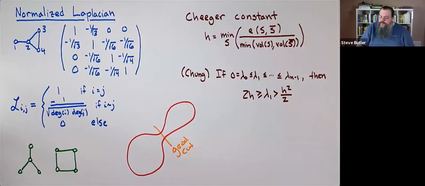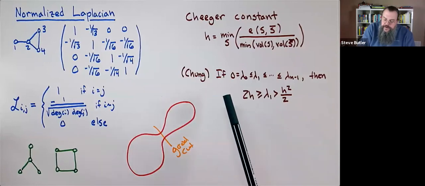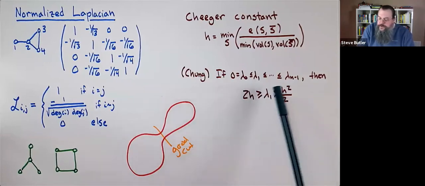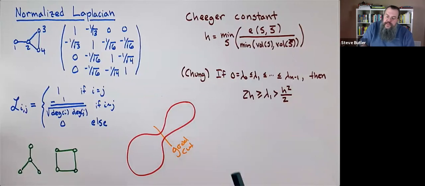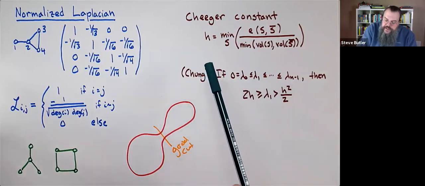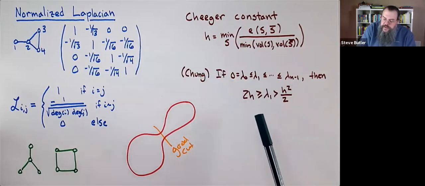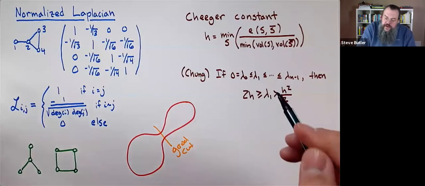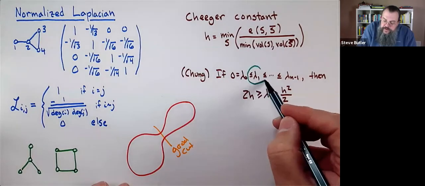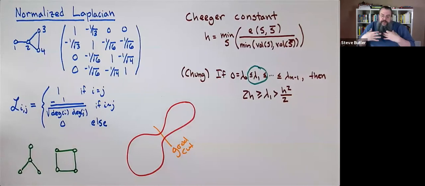So one of the things Fan Chung was able to show is that, suppose you have the eigenvalues, and this is for the normalized Laplacian, then the Cheeger constant is tied to this eigenvalue lambda 1. This eigenvalue captures information about how easy it is to find a good cut.